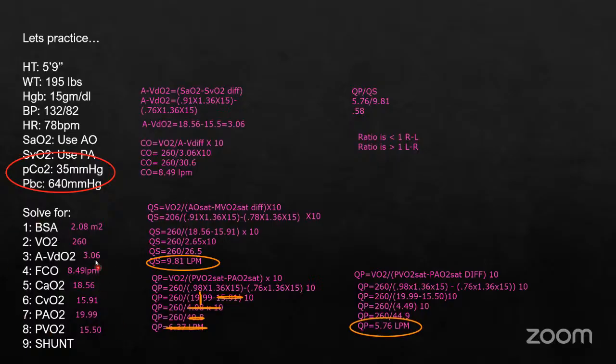So you solve for what? Then you go up and down. Can I do BSA? Yes. Can I do VO2? Yes, because I have BSA. Can I do the graph? Yes. Then you have all the information. That's how you can dismiss what is not useful. And the other two are exactly the same.